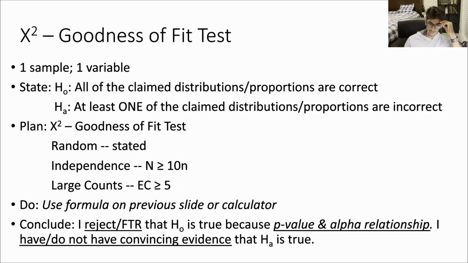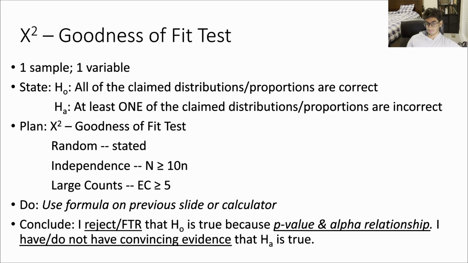Alright, so the first one, goodness of fit. For goodness of fit, you have one sample and one variable. Your null hypothesis is that all of the claimed distributions or proportions are correct. And the alternative is that at least one of them is incorrect, or all of them are incorrect. Your plan, the naming, is chi-square goodness of fit test. The conditions are random, independence, and large counts.